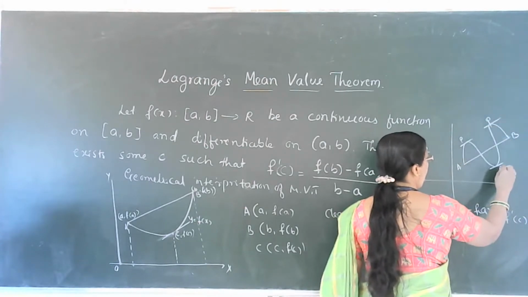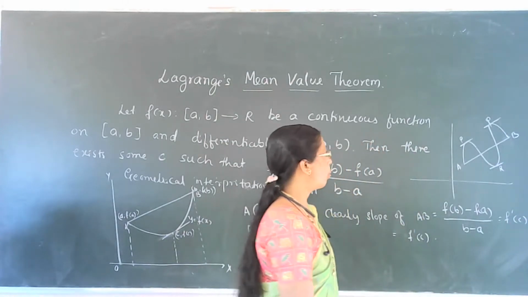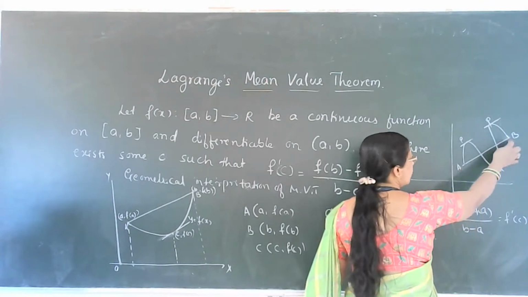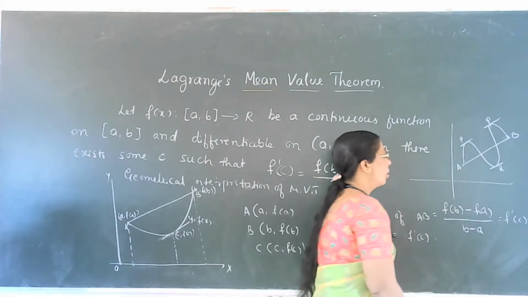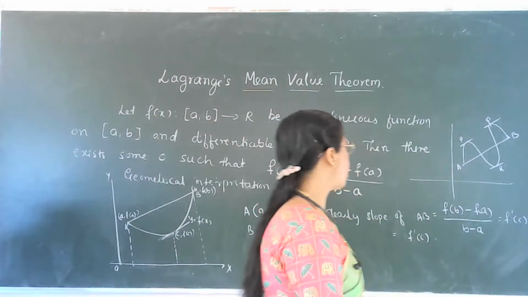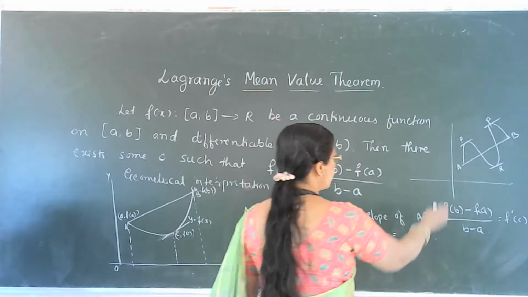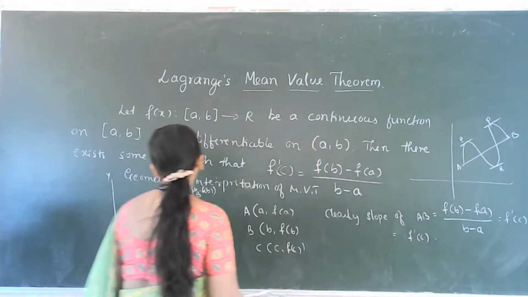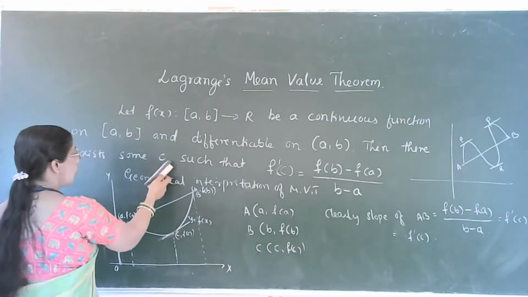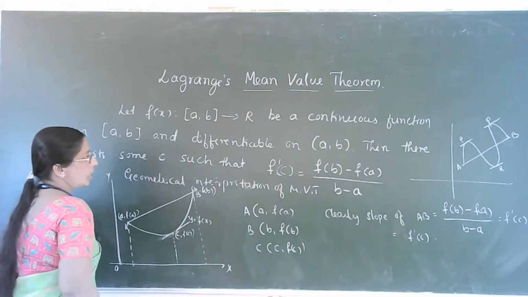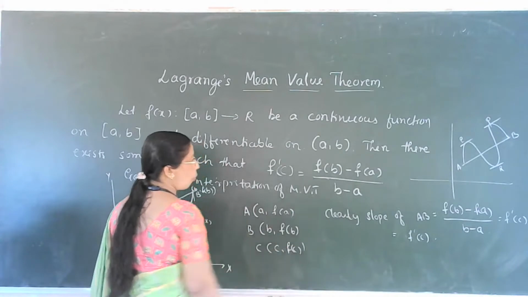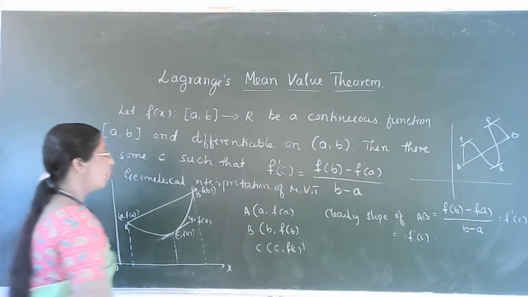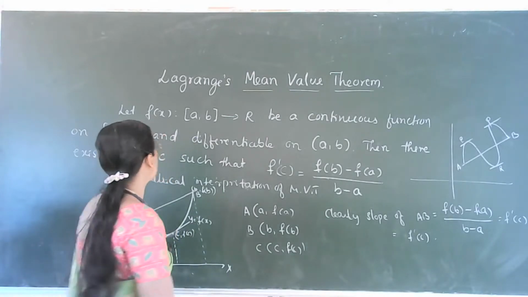Here P, Q, R, the slopes at P, Q, R are equal to the slope of the chord at A and B also. Therefore, it has three points where they are all equal. Therefore, there is at least one point c such that f dash c is equal to f of b minus f of a divided by b minus a. It may be more than one point also.